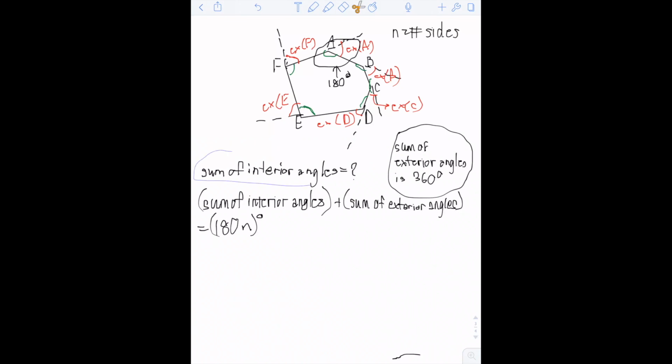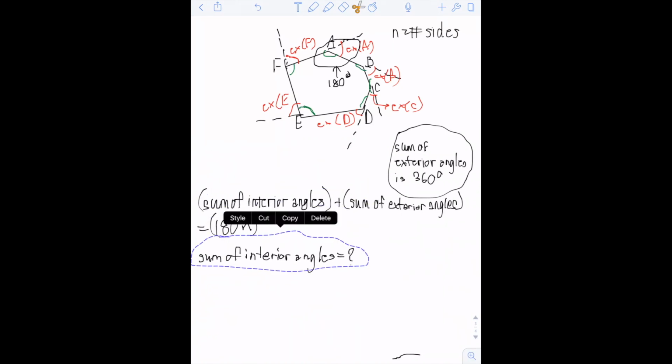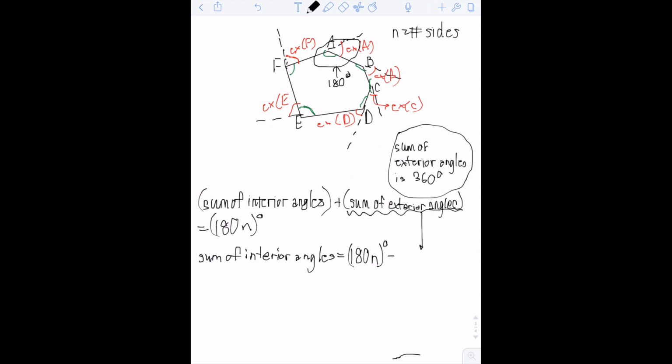So the sum of the interior angles is then equal to 180 n degrees minus the sum of the exterior angles, which we found above is 360 degrees. So this can be rewritten as 180 n minus 360 degrees, or 180 times n minus 2 degrees.